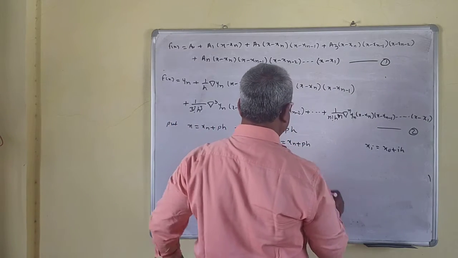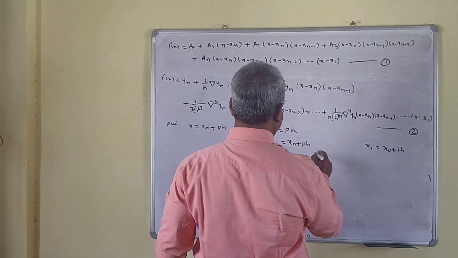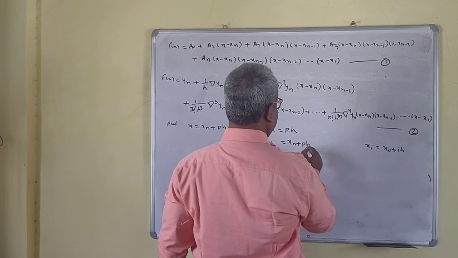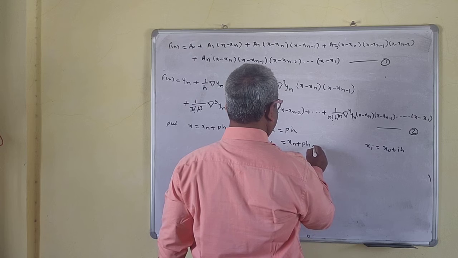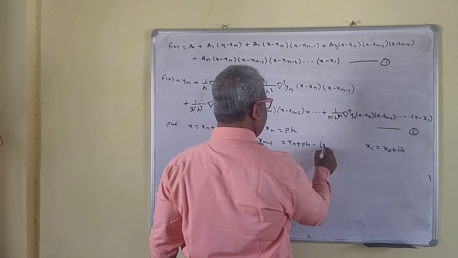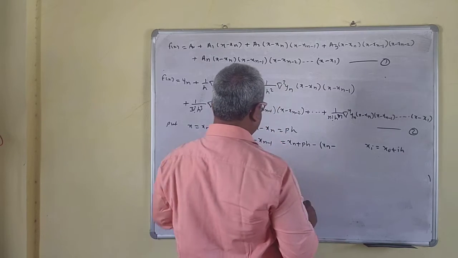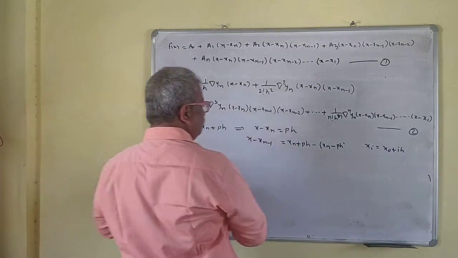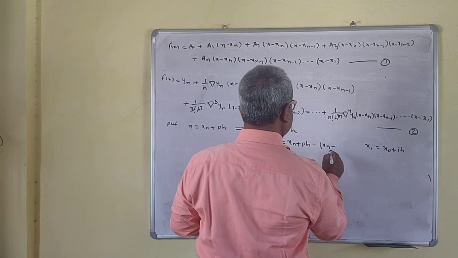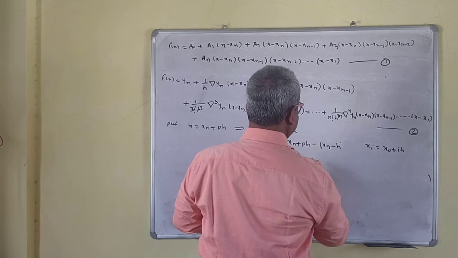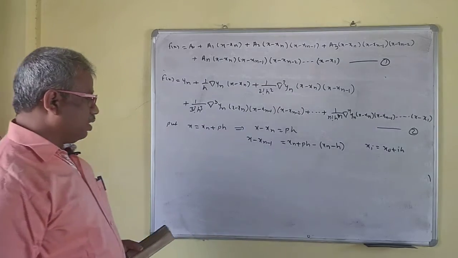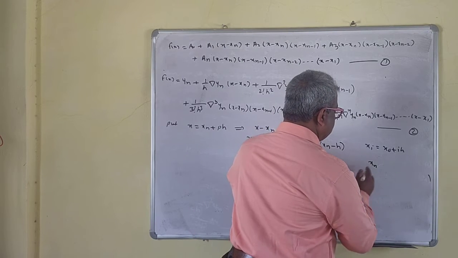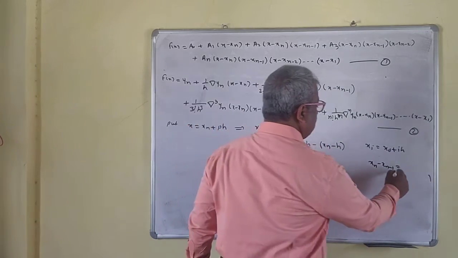So now your xn minus 1 will be xn minus h, because xn minus xn minus 1 is equal to h.